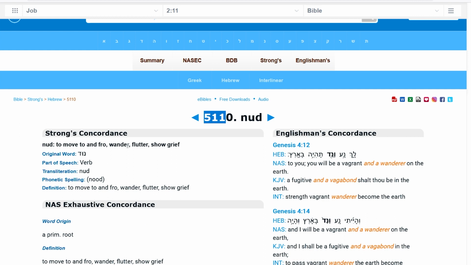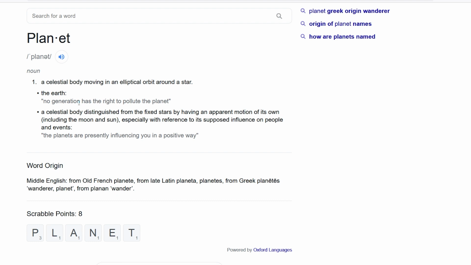He goes to and fro, wandering, show grief. 5:11 also means in the police medevac. I don't know what that means. So 5:11, that's crazy. So let's keep going. To wander, but if you look, to wander also means planet. So when he said he went to the land of Nod, it's anywhere on Earth. Because look, even right here, planet, Latin, wander, planet.